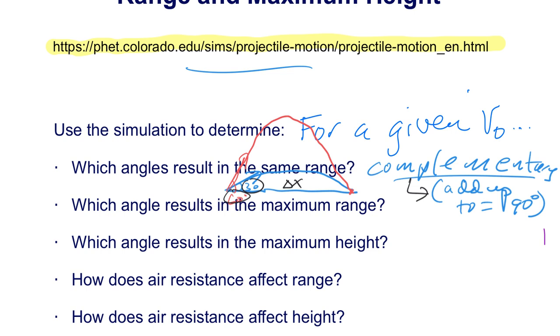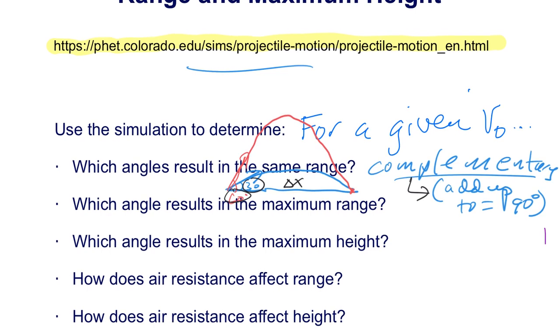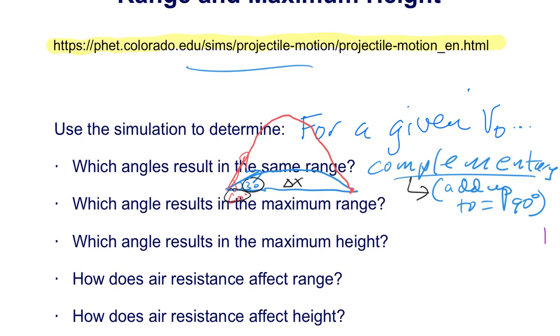Now, which one will take a longer time to get there? The higher elevation, the 60-degree one. The 30-degree will take a shorter time. Which one will go higher? The 60-degree one. Okay, so what if I asked you, I shot something at 25 degrees. Which other launch angle can I provide that will give me the same range?